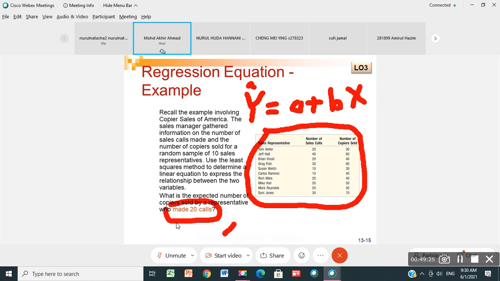That means x equal to 20. So what is the y value?